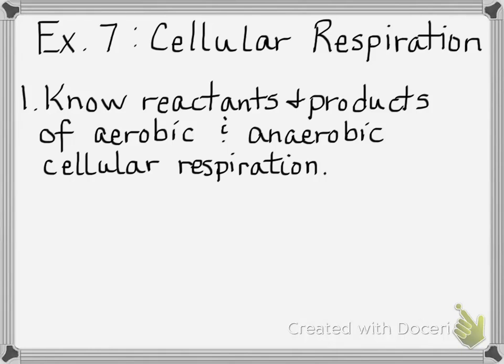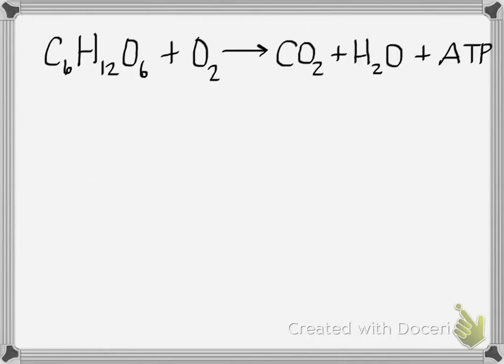Photosynthesis, we're going to cellular respiration, page 77. I need the reactants and products of both aerobic and anaerobic cellular respiration. Okay, on page 77, there's a chemical equation there. Is that aerobic or is that anaerobic? That's definitely aerobic. Okay, so I wrote that one down for you here, and it's also page 77.